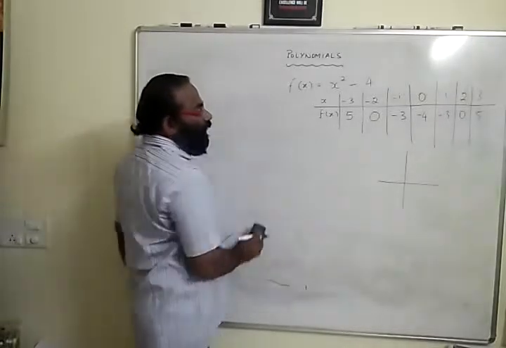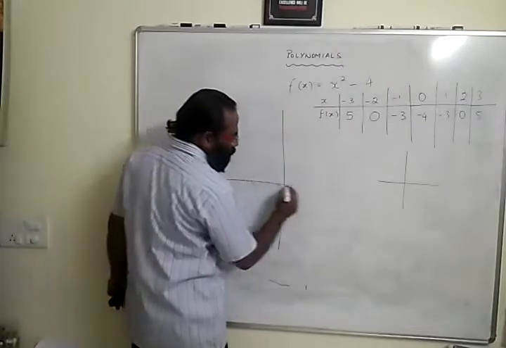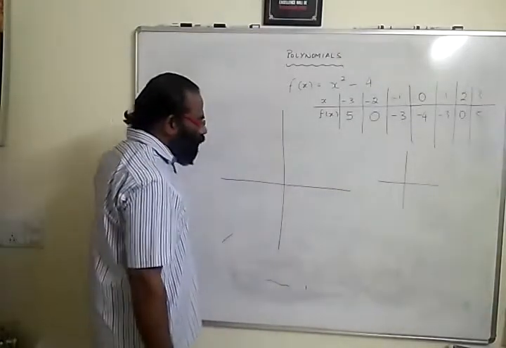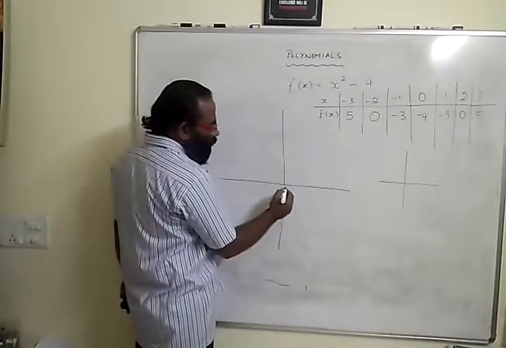Now in this particular case of a quadratic polynomial, what do I see? Let's plot these points.